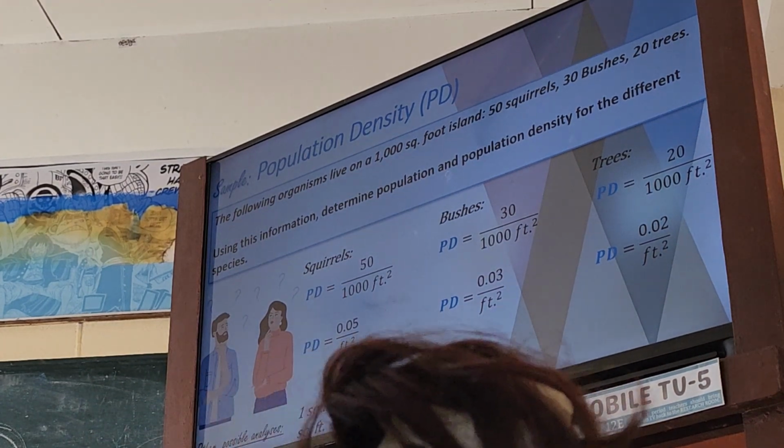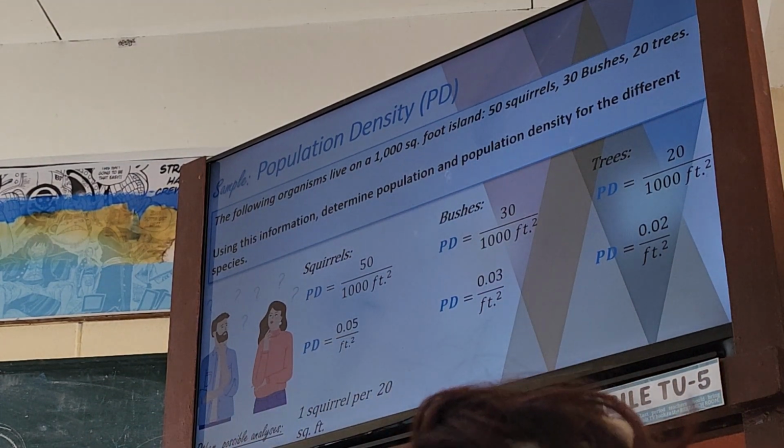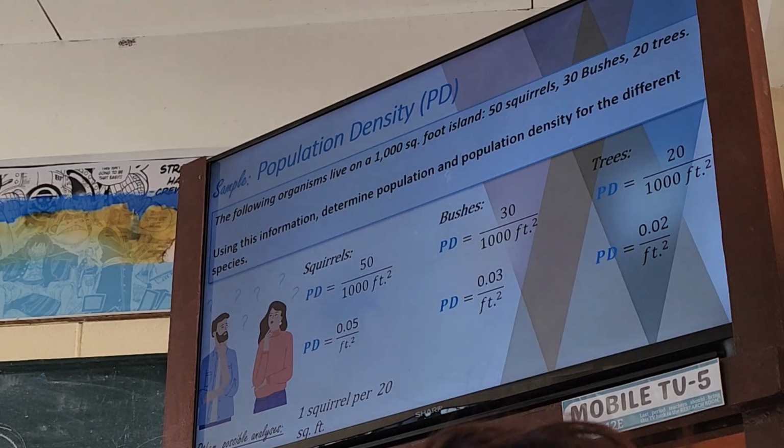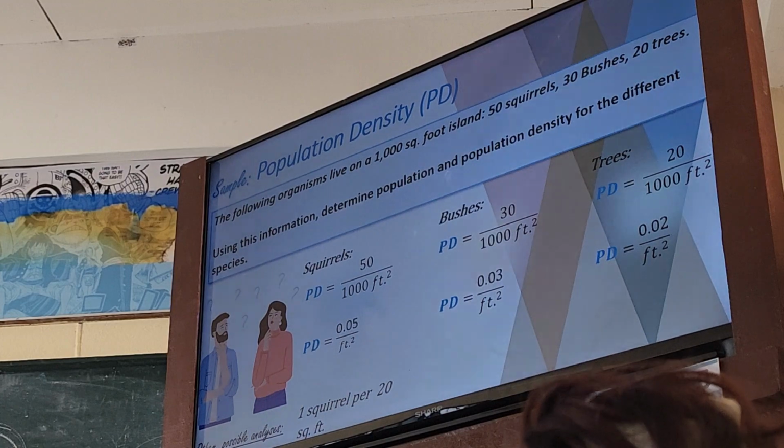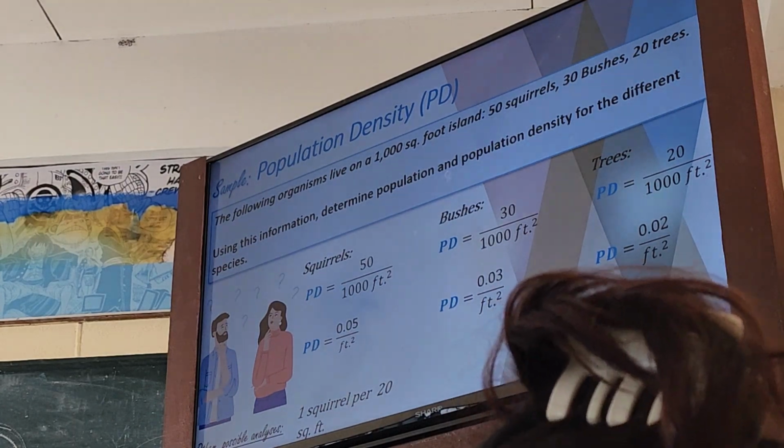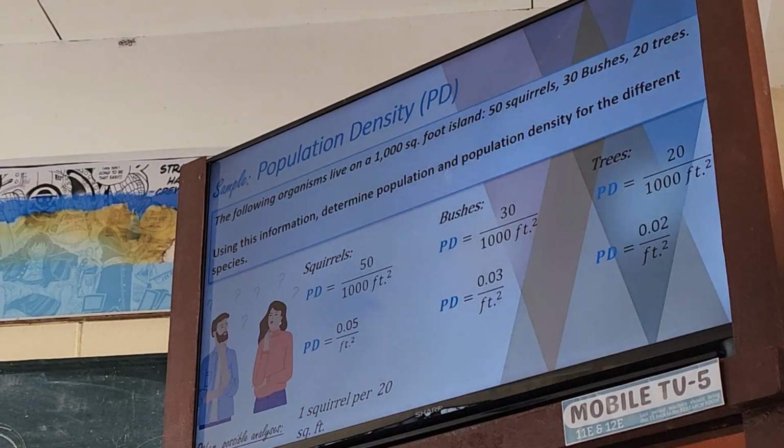Exactly. So if you want to appreciate the value per organism of that kind, you can simply deduce that if I cannot appreciate a 0.05, maybe you can appreciate that there is at least one squirrel on average per, how big is the area? 20.